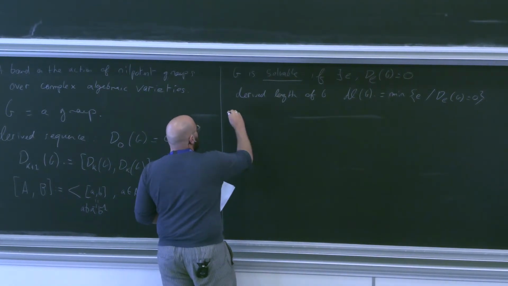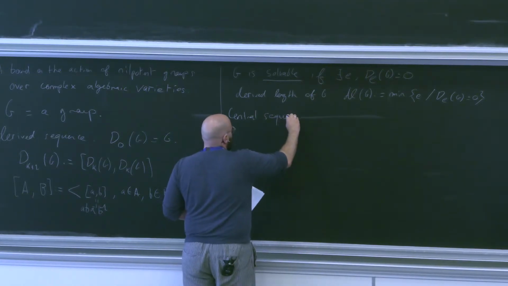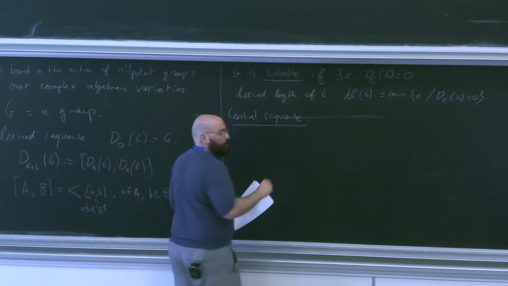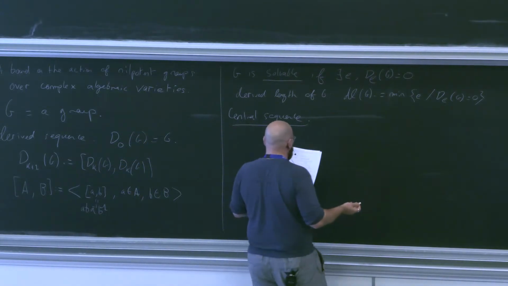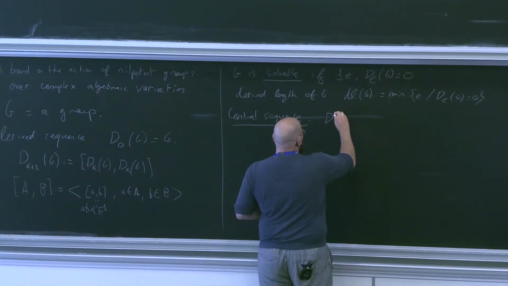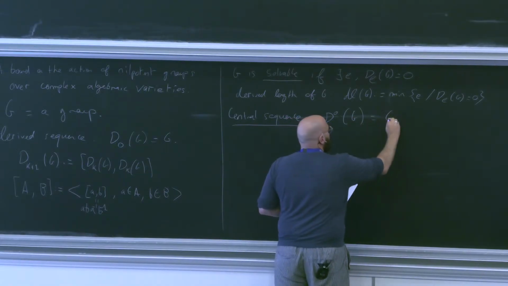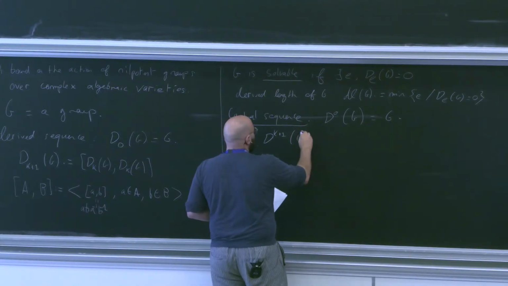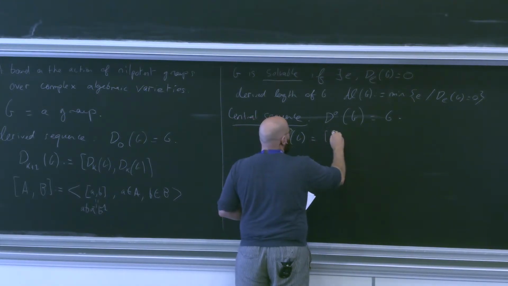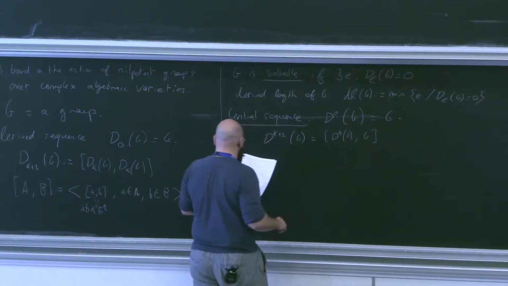You can also define the central sequence. Okay. And let me know if I write too small. So the central sequence, you do the same thing, but so define D^0 of G, so I put the index on top, so it's an exponent, is G, and then you define D^(k+1) of G to be the commutator of D^k of G with the whole group G. Okay.